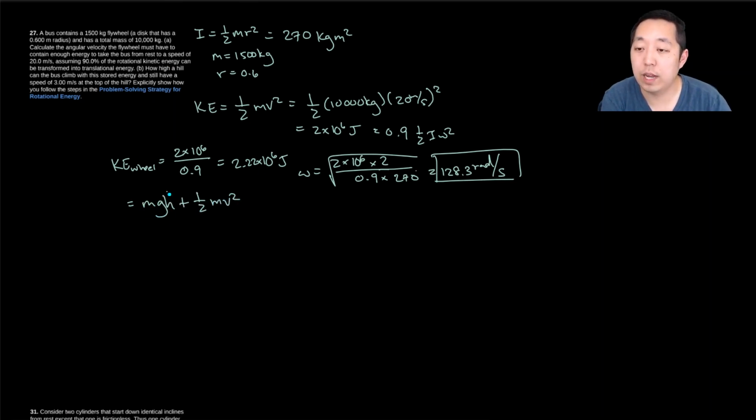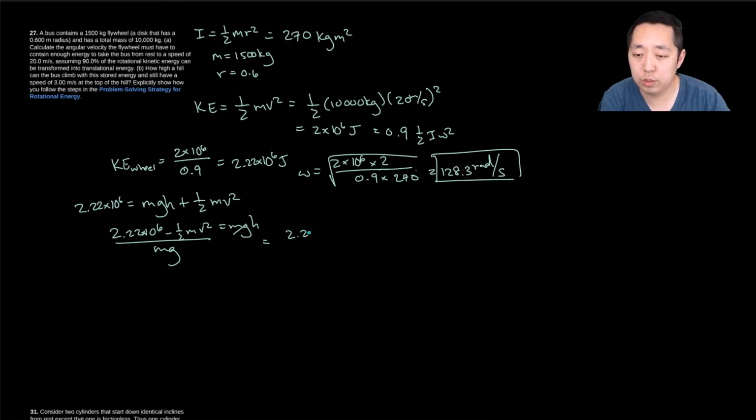And so I want to figure out how high the hill can be, because I know what the velocity at the top of the hill is, 3 meters per second. So I'm going to set this equal to 2.22 times 10 to the 6th. So I'm going to do 2.22 times 10 to the 6th minus 1/2 mv squared is equal to mgh.